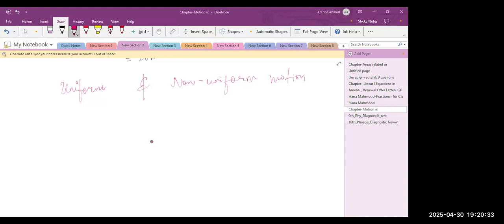So uniform motion is when a body is traveling equal distance in equal interval of time. Okay, let us write it.